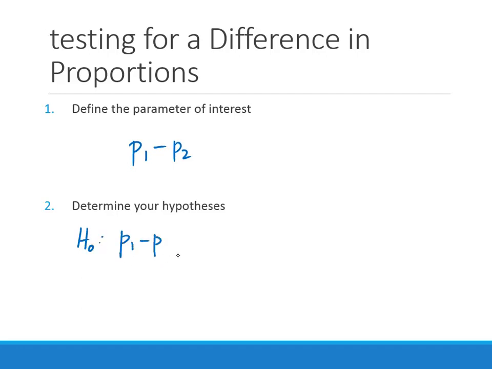So our null hypothesis will be that there is no difference, and then the alternative will be that the difference is either not equal to 0, greater than, or less than, depending on what the question of interest is here.